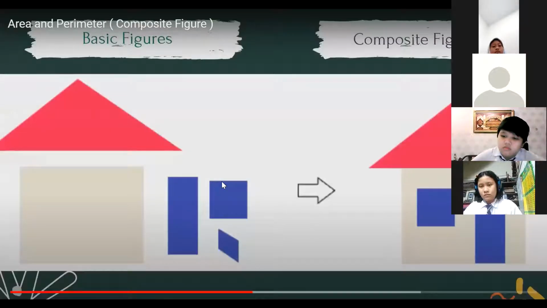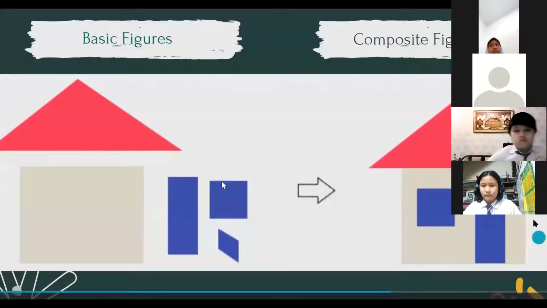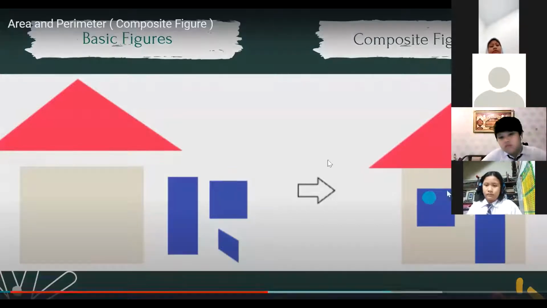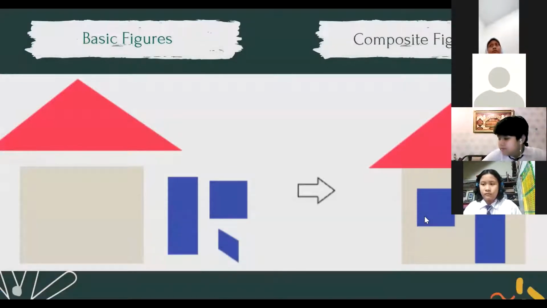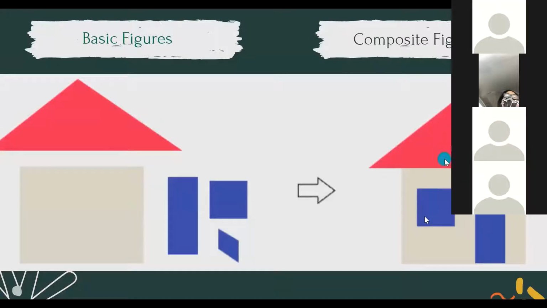So, for example, if we want to build a house, if I ask you, what shape is this house? You cannot say triangle, miss, or square, miss, but in other words, you can say it is a composite figure. Composite figure of what? It consists of basic figures.